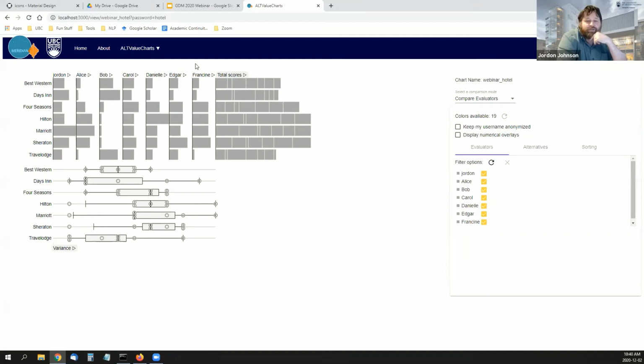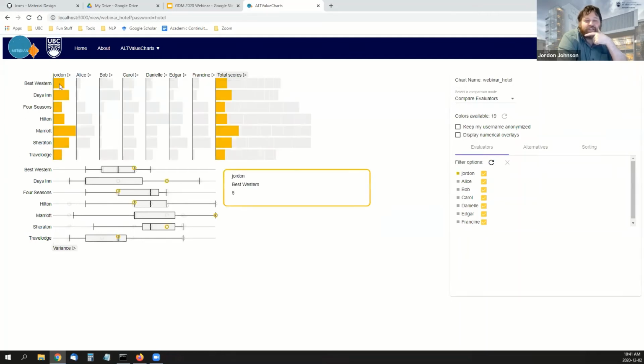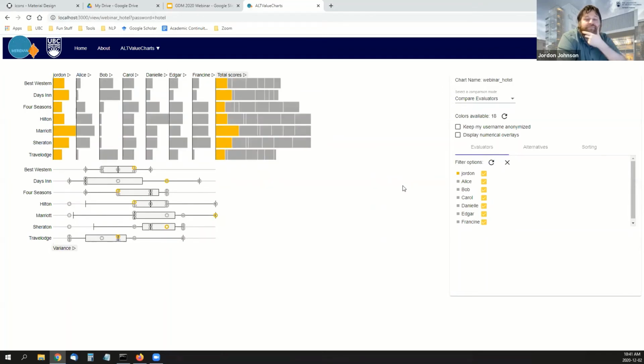So for example, this is, again, a completely fictitious set of people, including me, who are rating different hotels. I'm going to say that I'm particularly interesting, so I take a look at my own scores and notice that the color appears. So the colors are used for highlighting and also for selection.